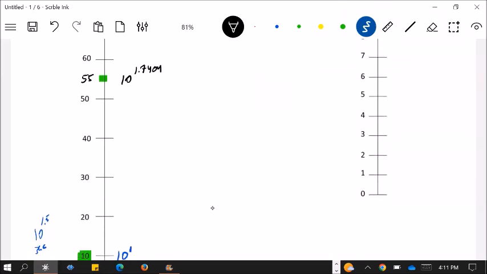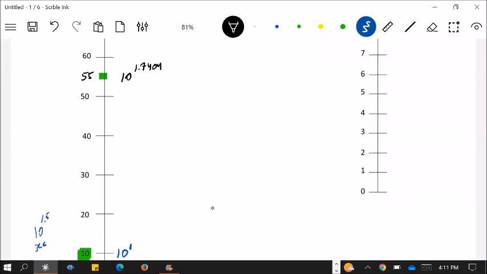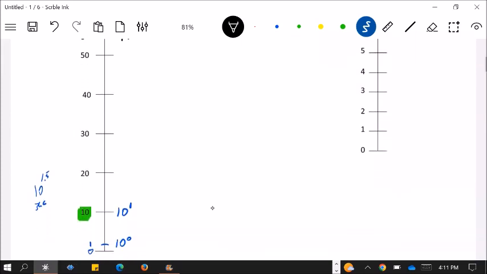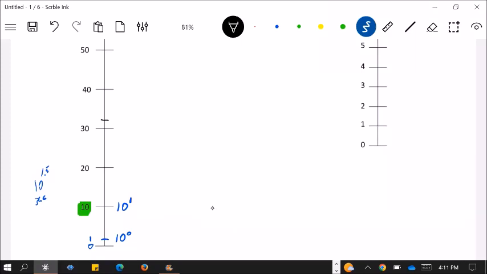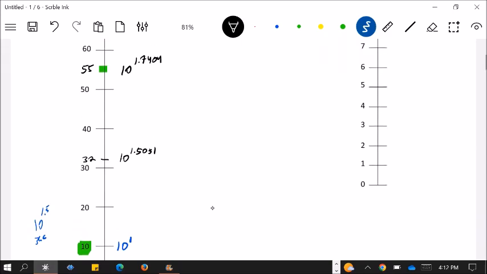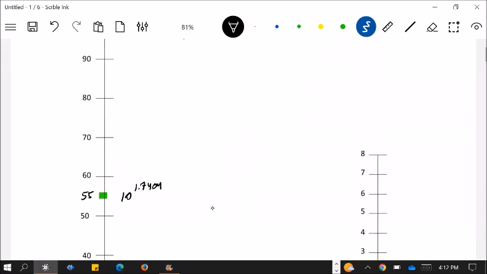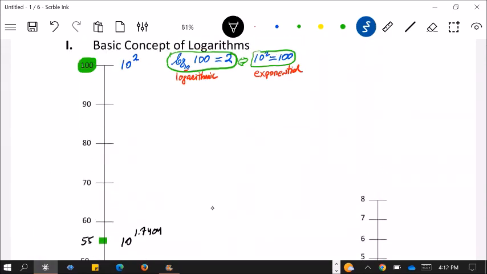Right now, we're just doing as exponents. So the actual 0.5 or so is about at where 32 is. It's a little under 10 to the 1.5, but it's close enough. In fact, the log of 32 is 1.5051. Very, very close. Now, the reason why, let's actually do a couple others.